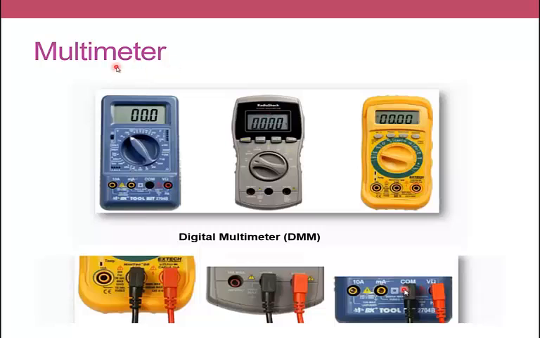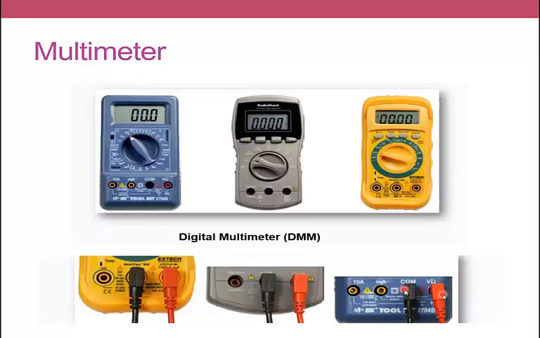One of the main devices that we are going to use is the multimeter, and it is used to measure voltage, current, resistance, and other things. For example, for this digital multimeter, if we are going to measure voltage or resistance, we have to connect the red probe in this place, which has V or ohm, and we have to connect the black probe to the common, which is considered as a ground.